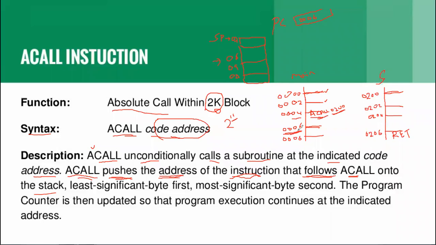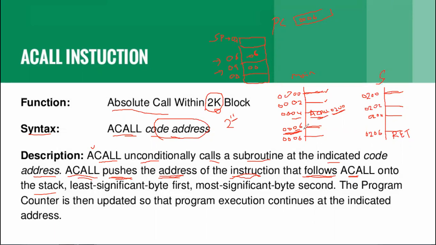So after ACALL, what is the address? 0006, correct? So what is the lower byte? 06. What is the higher byte? 00. So 06 will be stored here and 00 will be stored after SP is incremented by 1 again. SP will be pointing to 09. Okay.